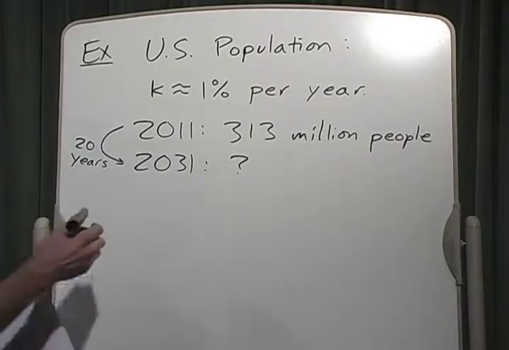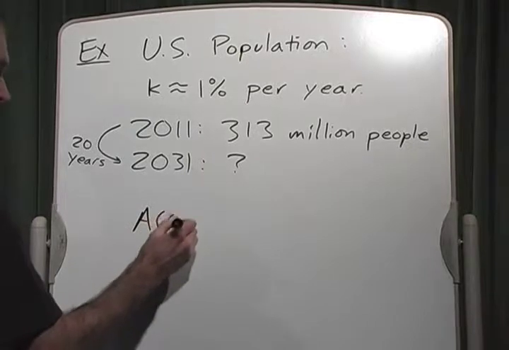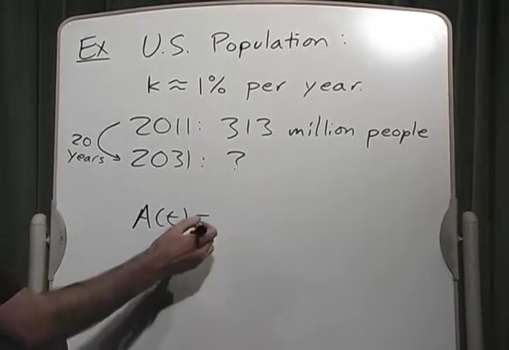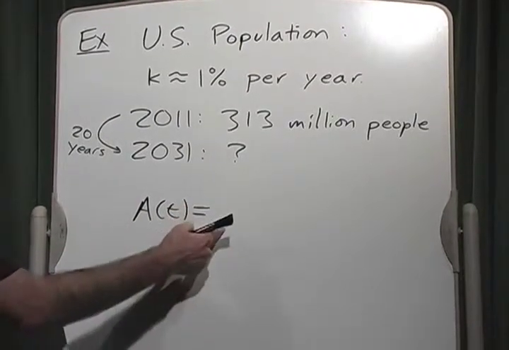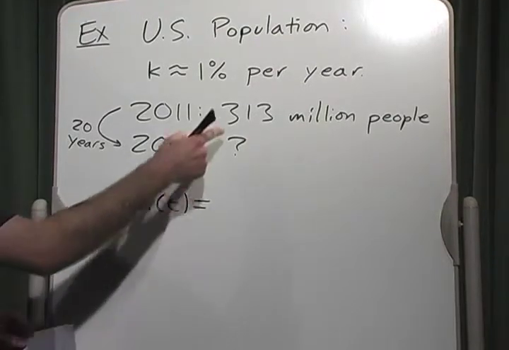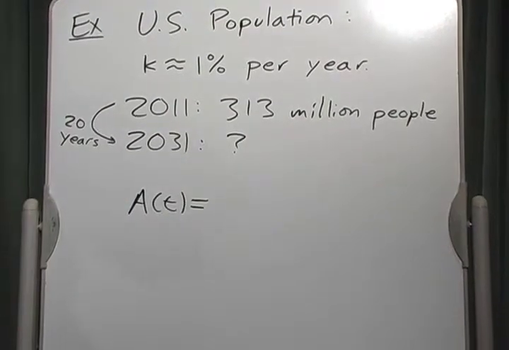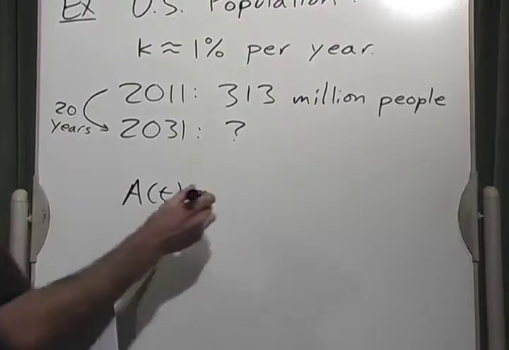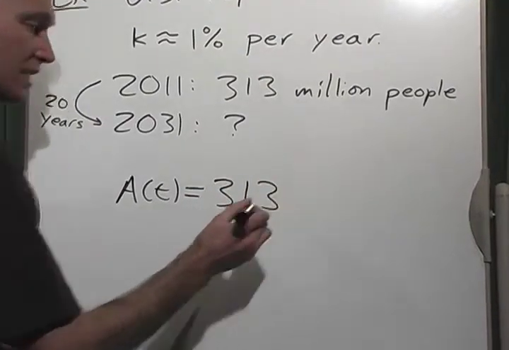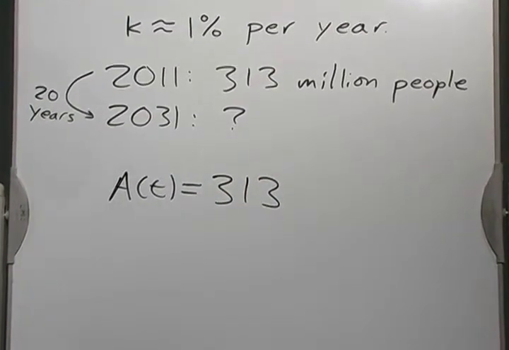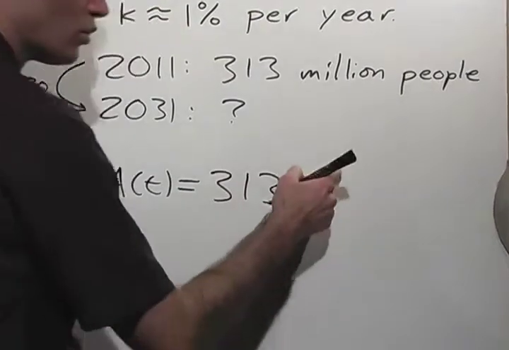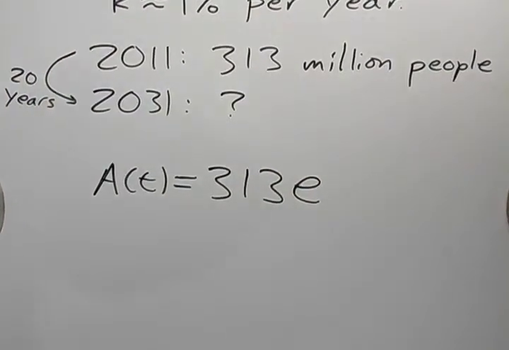Well, I know that the formula is A of t equals the initial population, which is 313 million, so I'm just going to put 313, times e raised to the kt.